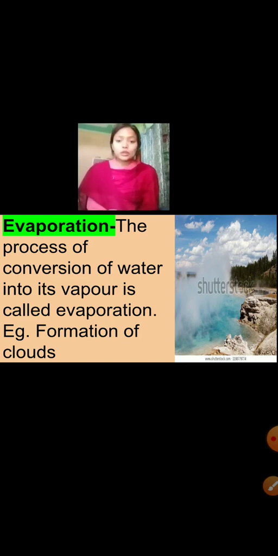Okay, let's take one more example. One more thing: when the surface area is increased, the rate of evaporation will also increase. Let's take an example. When we put our clothes to dry, how do we put them? We just put them like this, or we spread them nicely so that they dry up fast?